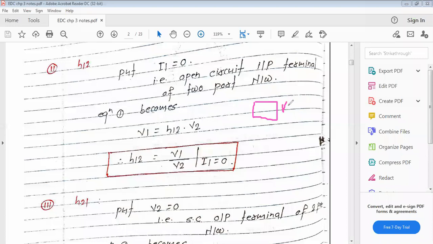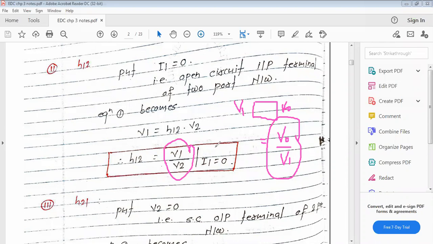If output voltage is V0 and input voltage is V1, how to calculate the gain? Gain is nothing but output upon input. Whenever we get the ratio of the same quantity, we call it a gain. As we are getting the ratio of voltage, we call it a voltage gain.